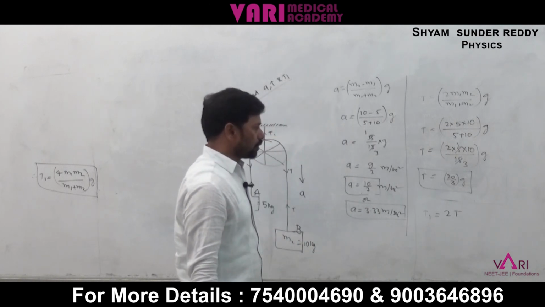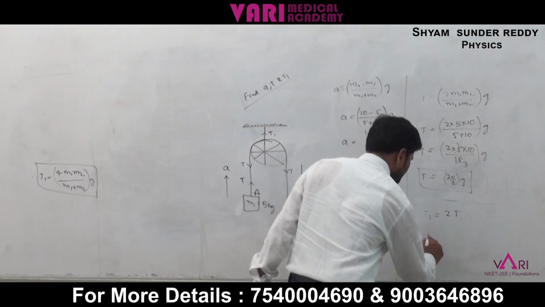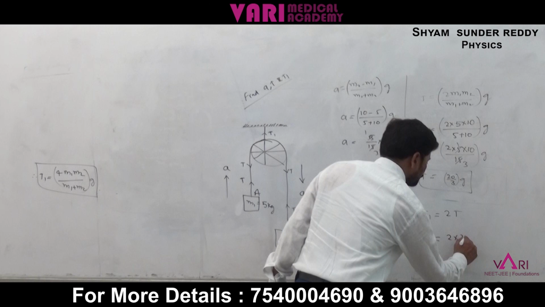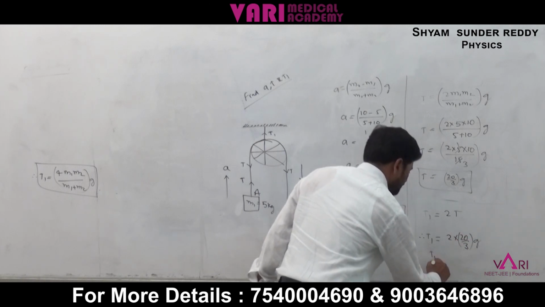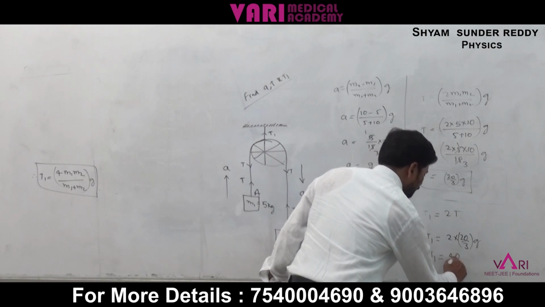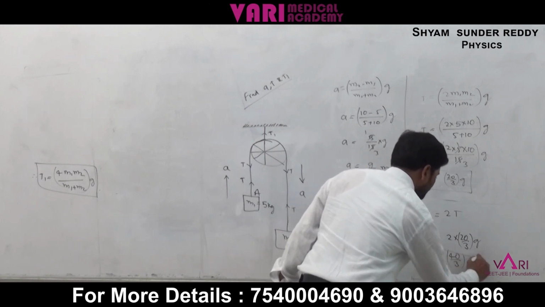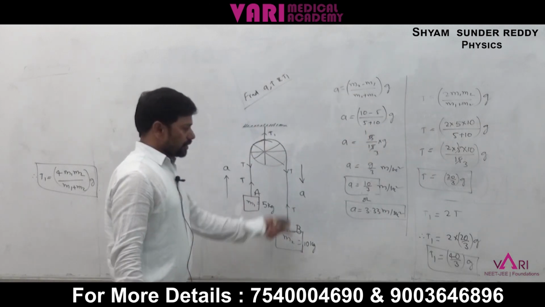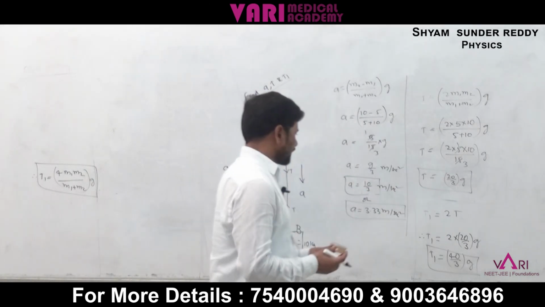T1 is equal to 2 into T. Substitute the T value. Therefore T1 is equal to 2 into 20 by 3 into g. That is T1 is equal to 40 by 3 into g. This is the T1. So acceleration a, T and T1.